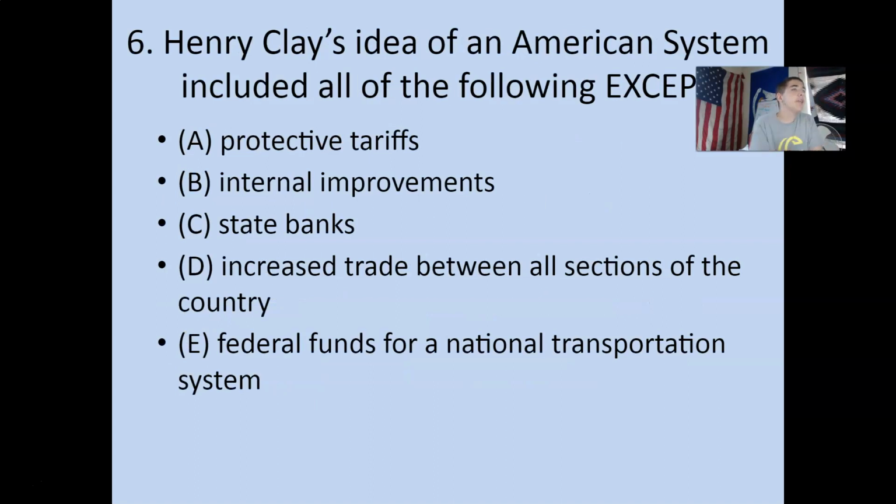Number 6. Henry Clay's idea of an American System included all of the following except A. Protective tariffs. B. Internal improvements. C. State banks. D. Increased trade between all sections of the country. Or E. Federal funds for a national transportation system.